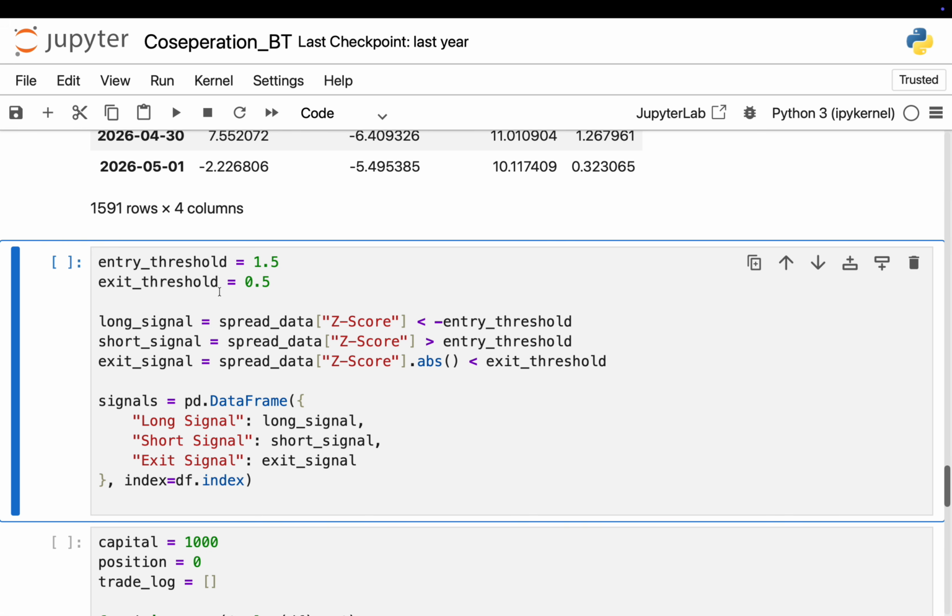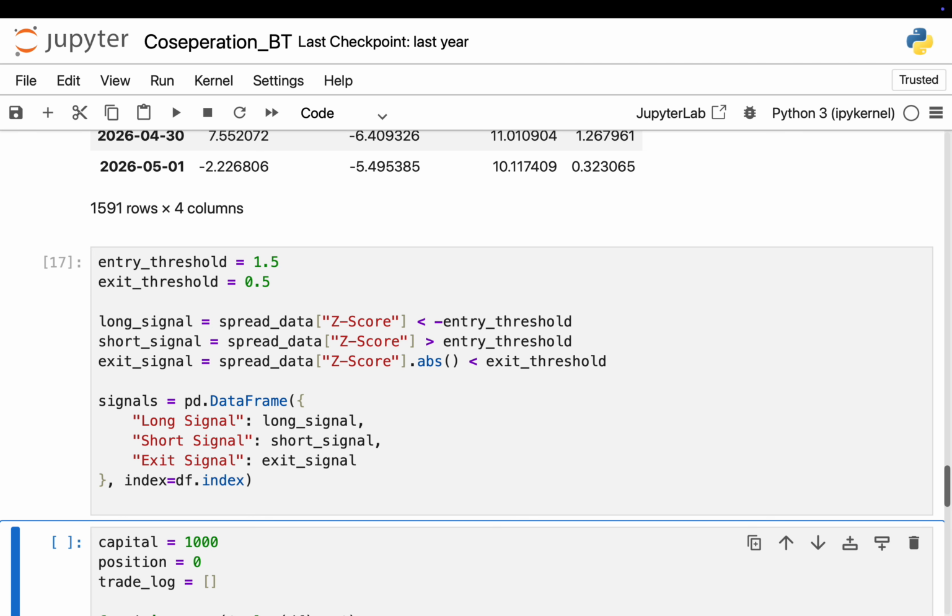When the z-score rises above +1.5, we do the opposite. Short stock 2 and buy stock 1, because now stock 2 looks expensive relative to stock 1. We exit either position when the z-score reverts back inside 0.5, meaning the spread has returned close enough to its mean that the trade has played out.